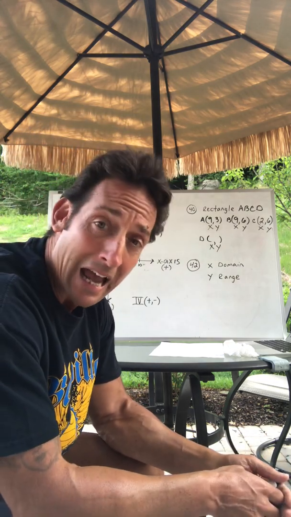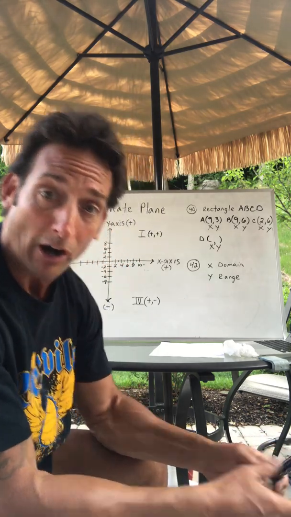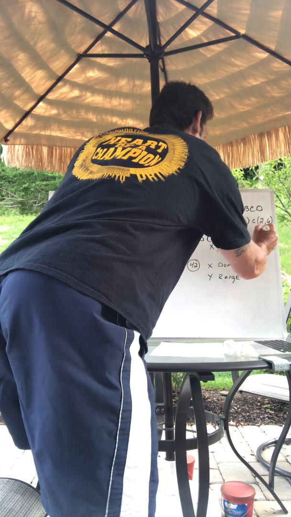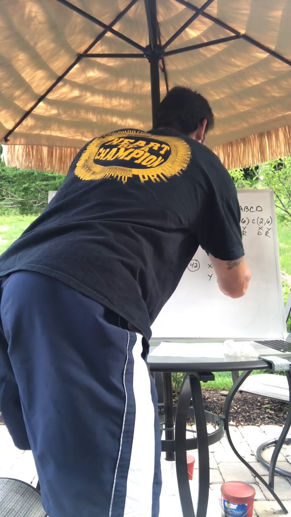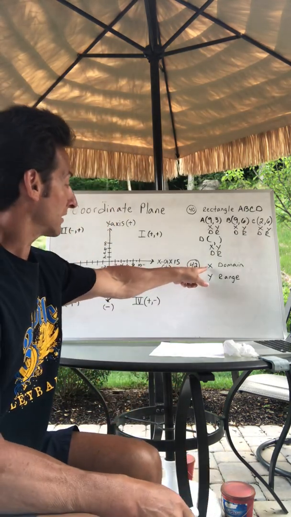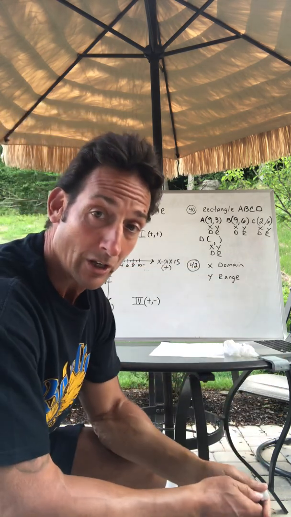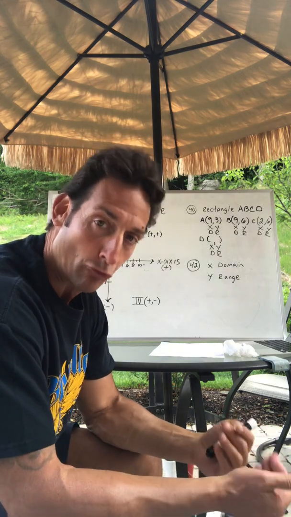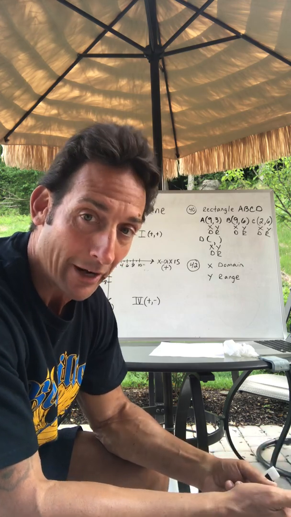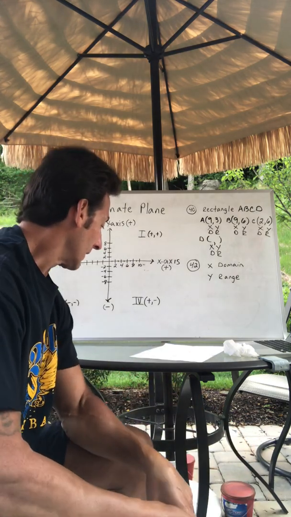So you could even get in a habit if you want on the rectangle, when you go x, y, you could start labeling D, R. And if you notice for number 42, next to the letter X, I wrote domain. Next to the letter Y, I wrote range. Domain are your X values, range are your Y values. So we shouldn't get confused. Once again, it's alphabetical order. Pretty cool. You like that, right?